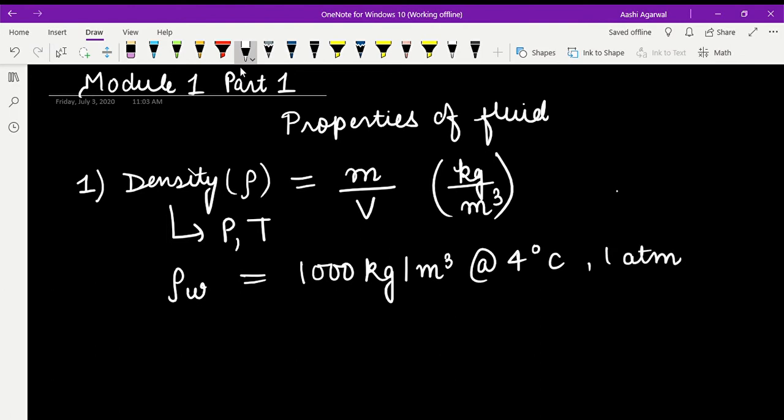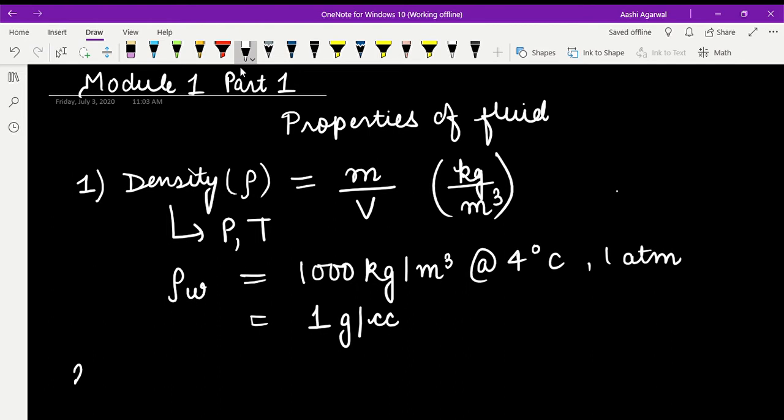This is what you need to remember: the density of water is 1000 kilogram per meter cube in SI units. In CGS units, it is 1 gram per centimeter cube or 1 gram per cc. This is what about density.